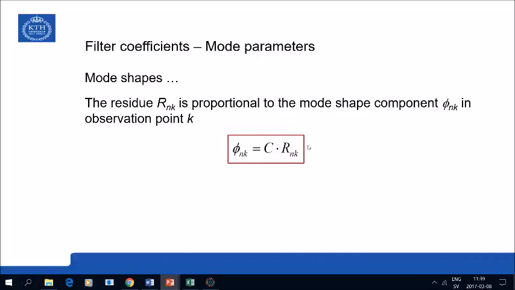So we can simply determine the residues for mode N in all observation points K, and then select this scaling factor arbitrarily, depending on what kind of normalization we use for our sets of modes.